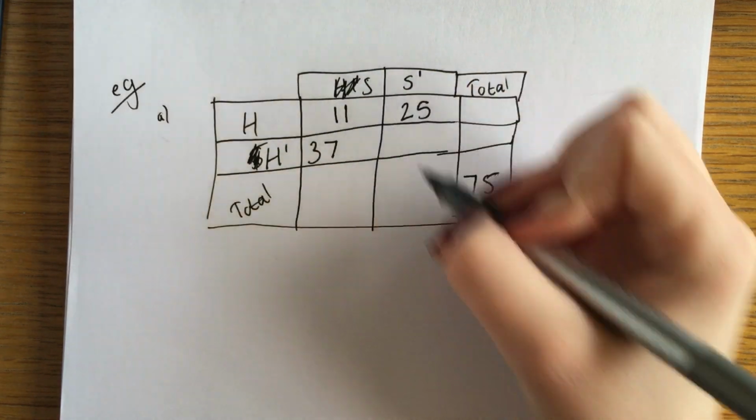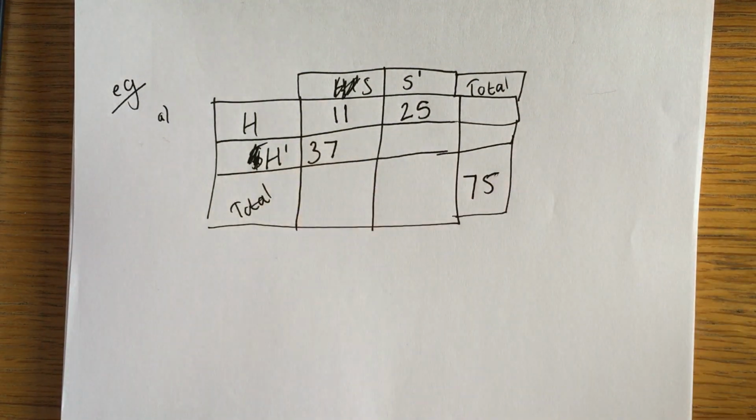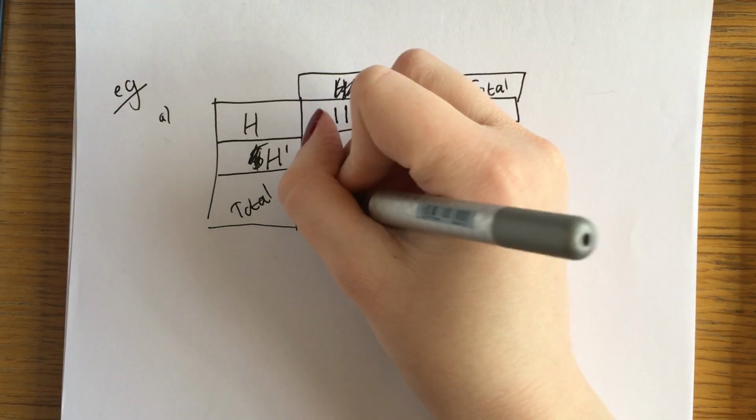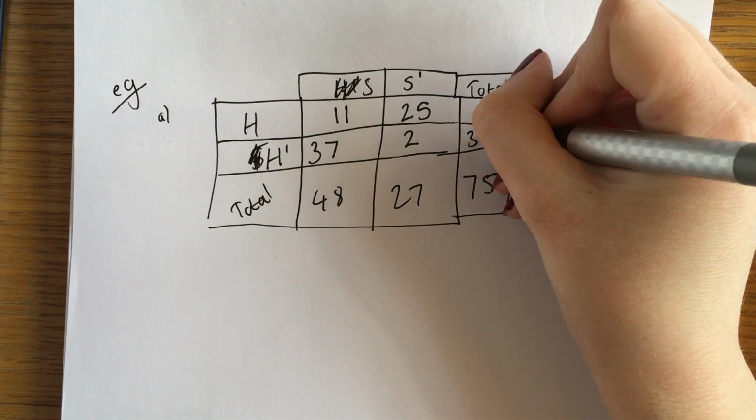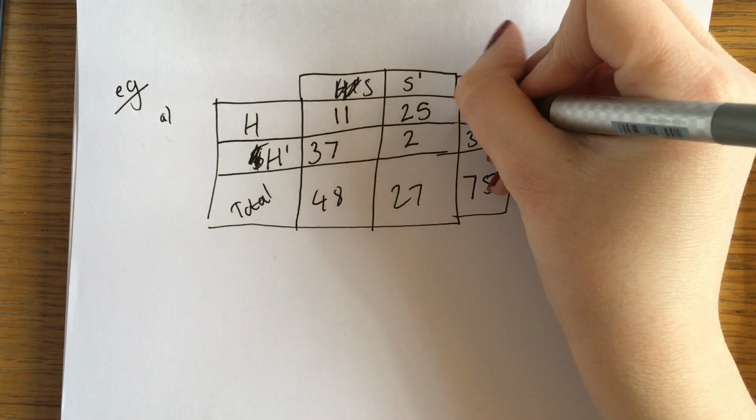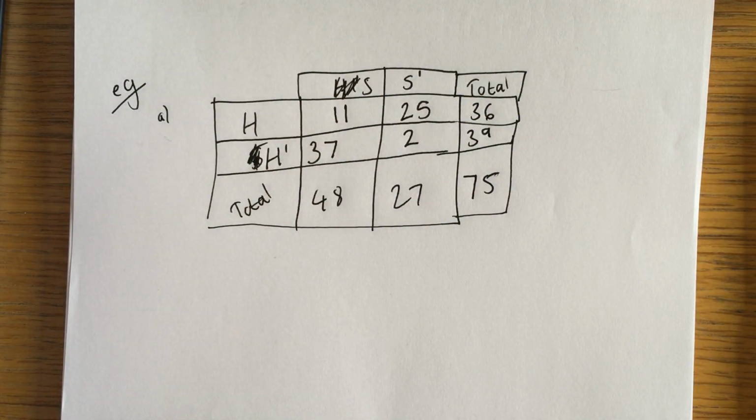So that's yes science and yes humanities. And we need to make this add up to 75. So 75, take away 37, take away 11, take away 25. So 2 study neither. And for completeness, we do want to add up our tables like that. Okay?